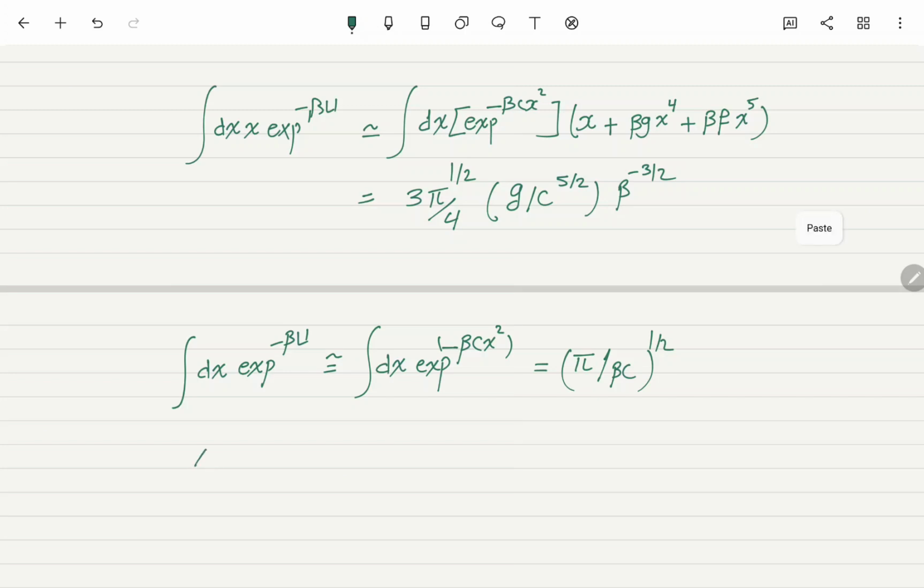Now it will become 3g over 4c squared kB T.